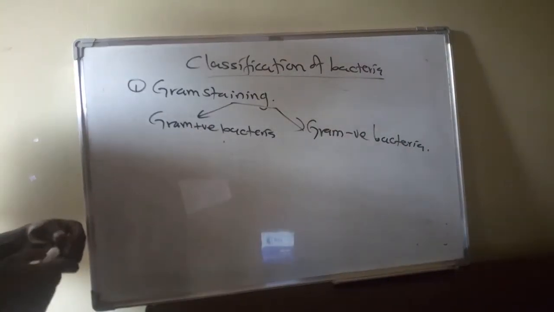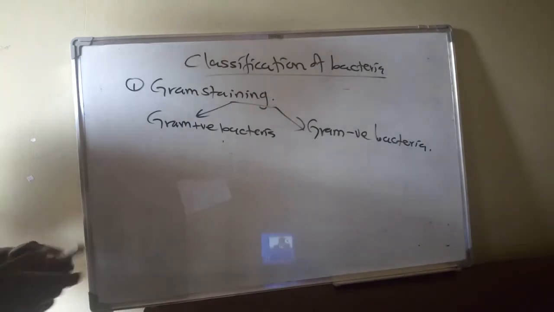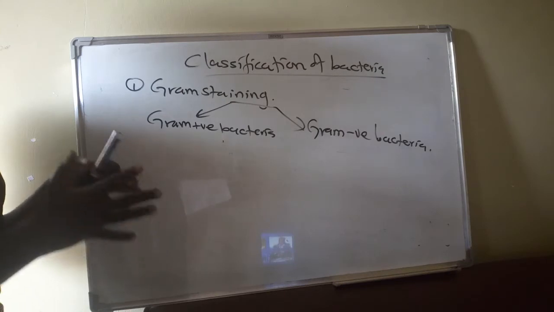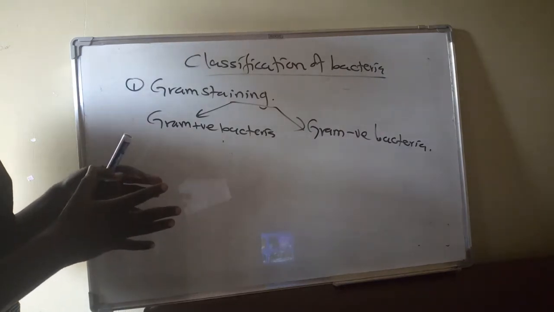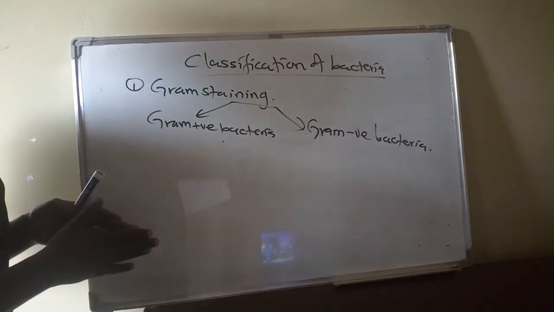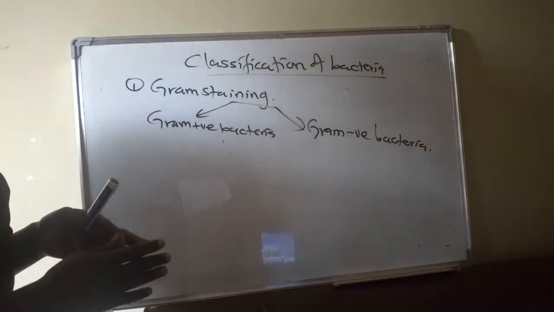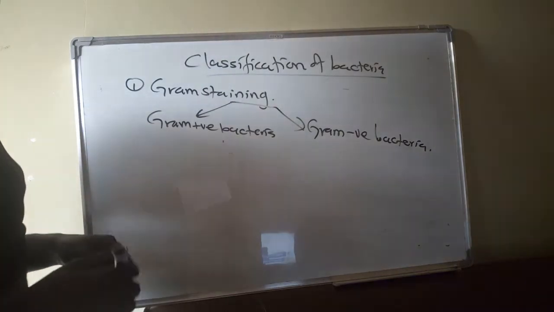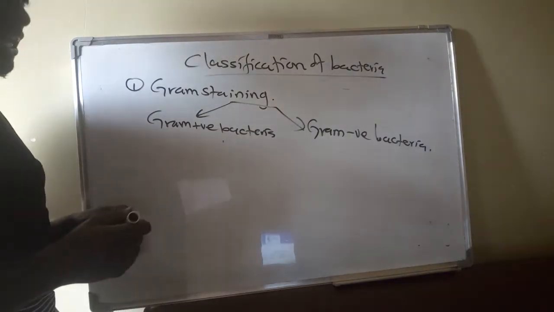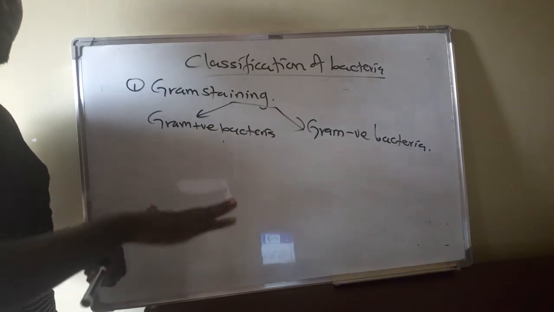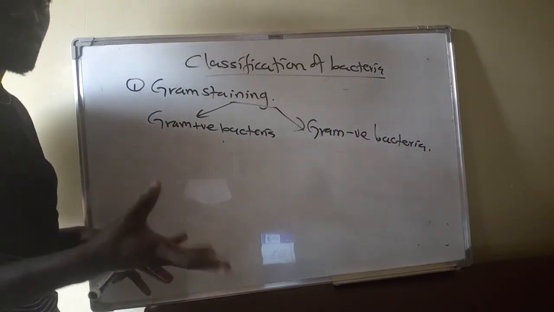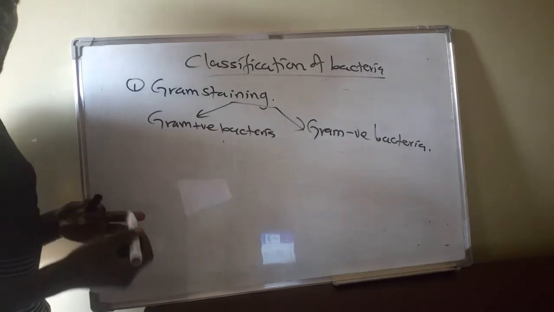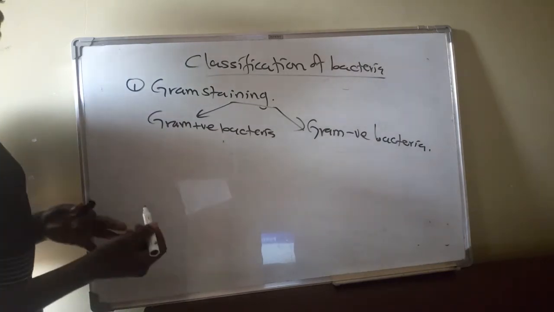It simply means that when gram-positive bacteria are stained with the gram stain, the violet color stays associated with those bacteria even when they stay for some time. However, the gram-negative bacteria don't retain the stain; their cell walls don't retain it. Below we can look at the reason why.